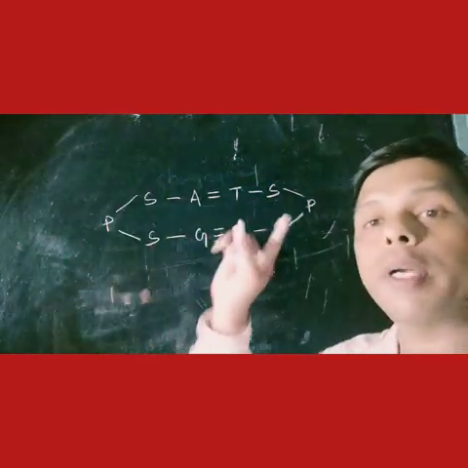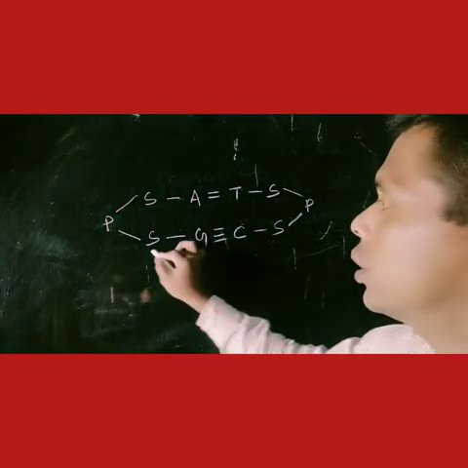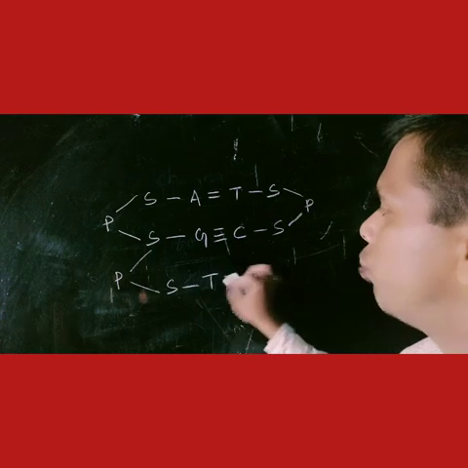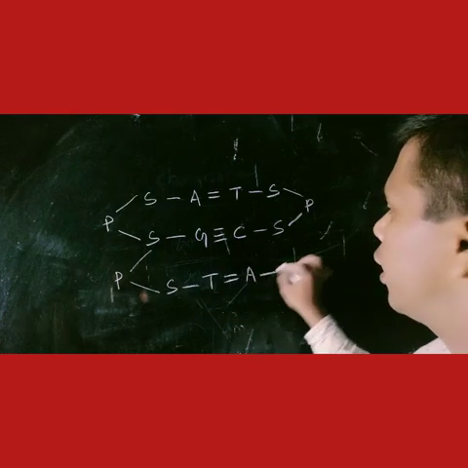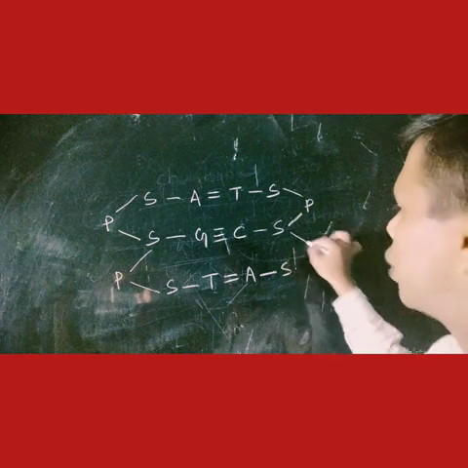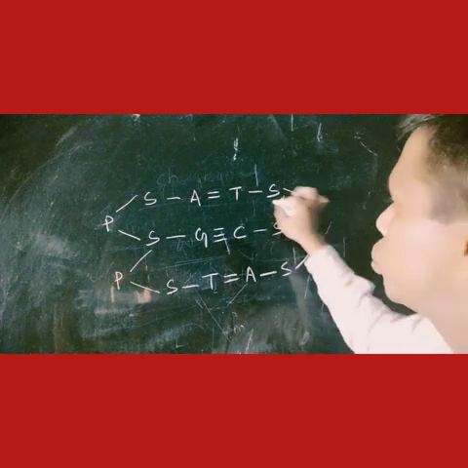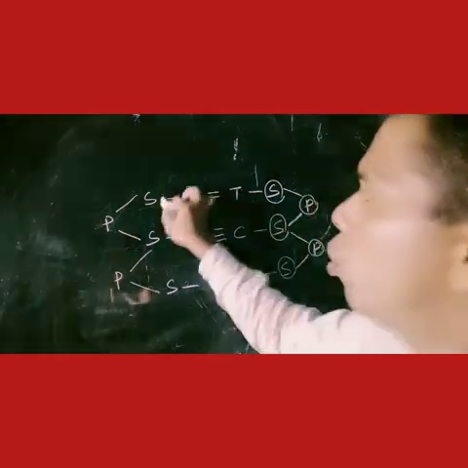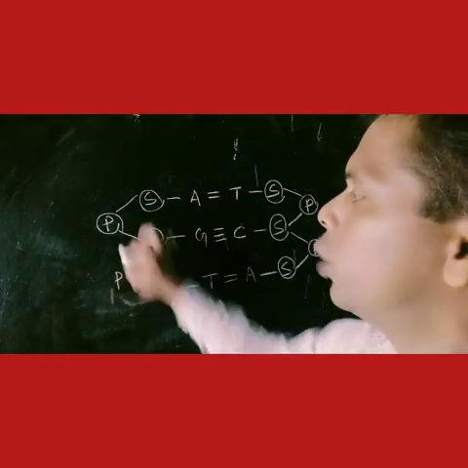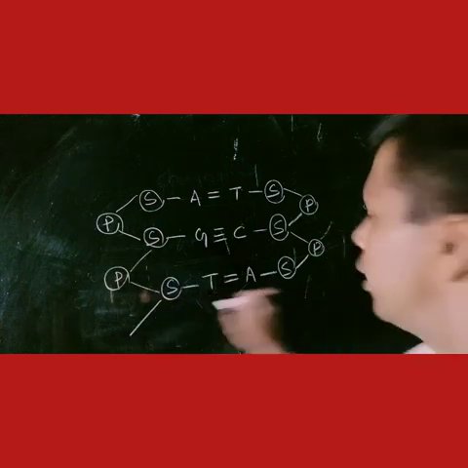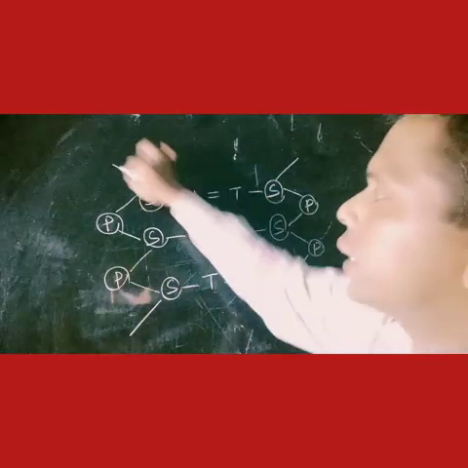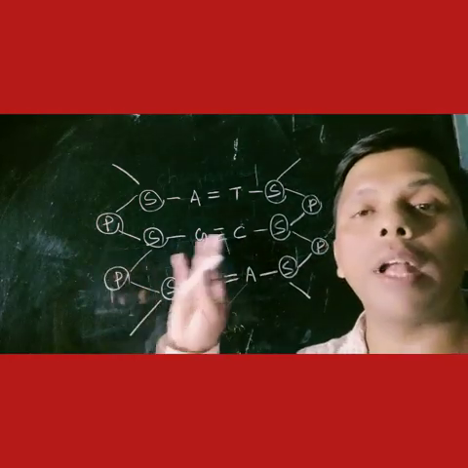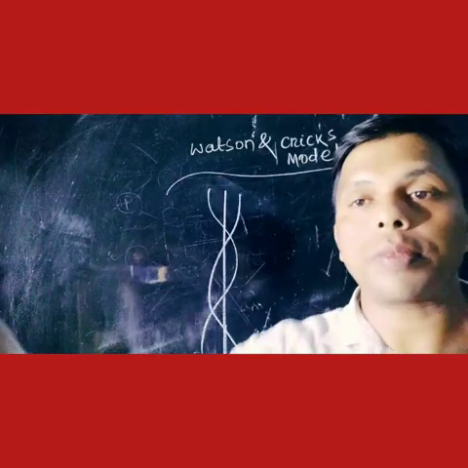The sugar phosphate backbone remains the same. Suppose here another phosphate, again sugar, and suppose this is the base, thymine, adenine, again sugar attached to phosphate. The sugar phosphate backbone is constant, the bases are variable. It can be extended in either direction. It shows the crystallographic model of DNA structure.